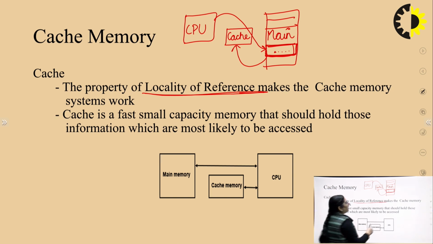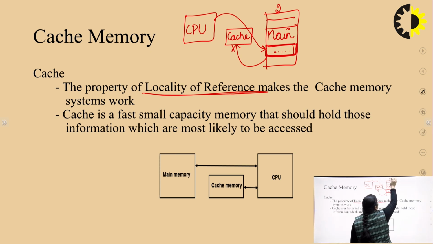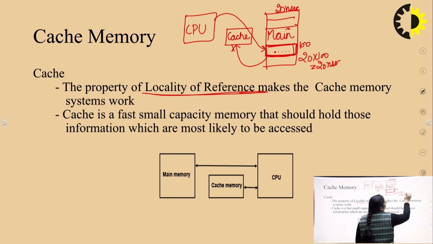So what we have done is take this data and keep it in the cache memory. The next time the CPU is going to use this data, it will not search in the main memory, it will search in the cache memory first. In the earlier example I told, the main memory access time was 20 nanoseconds, and for 100 such instructions the total time taken was 2000 nanoseconds, and our objective was to reduce this total access time.